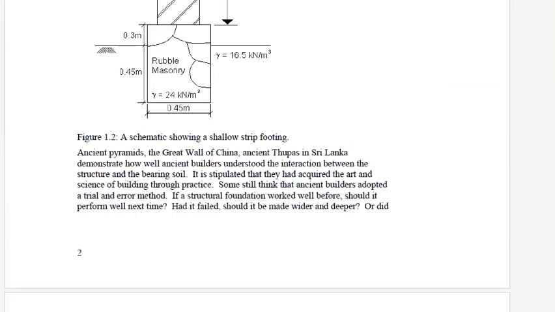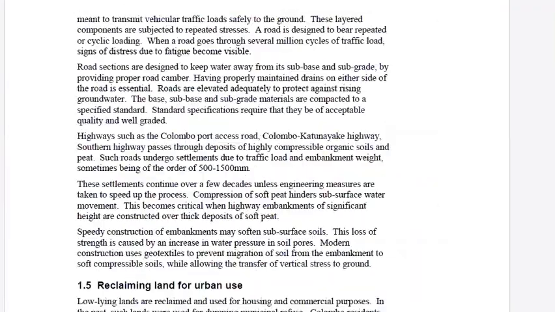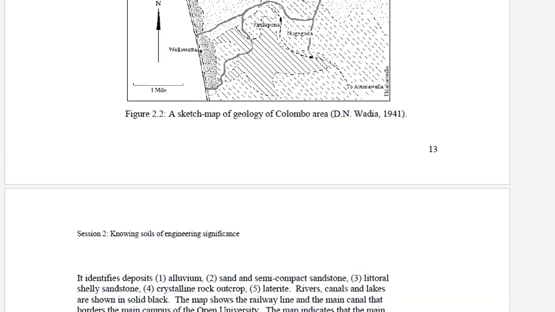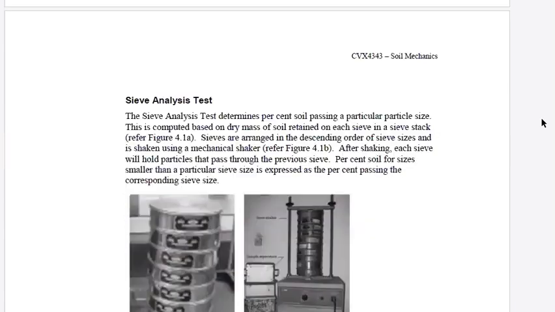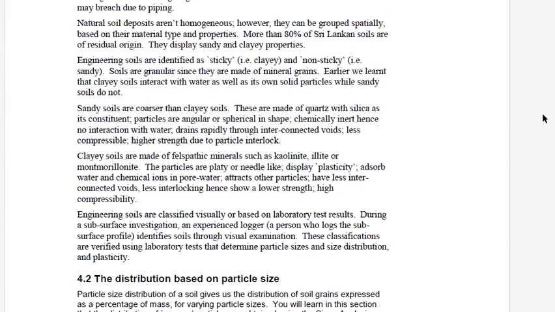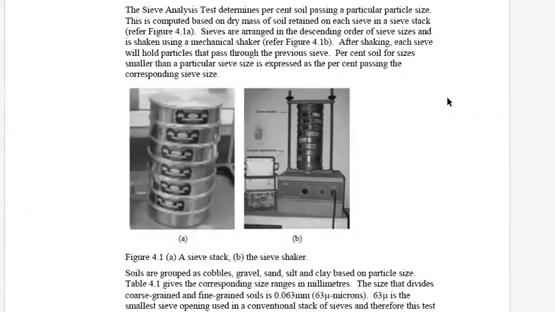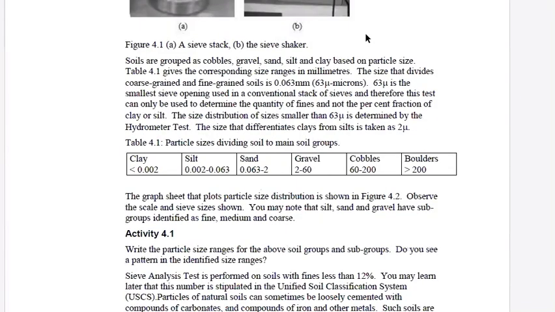If you go to page 28, here you go. It talks about the sieve analysis test. That is also a practical that you need to do. So you can read this section and also check the instructional manual and you will have the required basic knowledge about the practical.